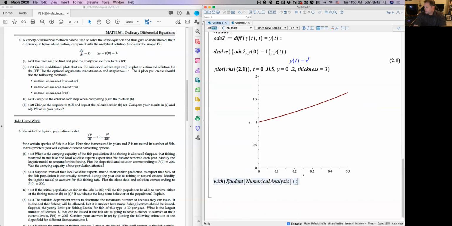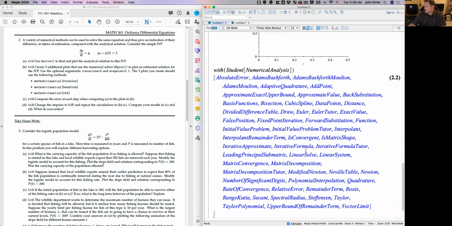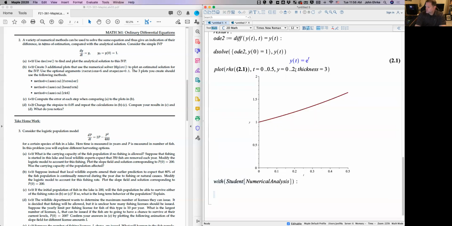If you load that package, one of the things that's in that package is something called initial value problem. And so if you load that package, you can do some really interesting things. And this is going to be useful for you computing the error on C and D. Basically, it's going to give you all the information to complete C and D. So the command is the initial value command.